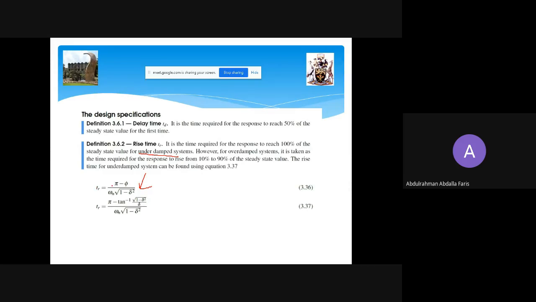The equation for an underdamped system is these ones. TR is pi minus phi, divided by omega d, the damped frequency.